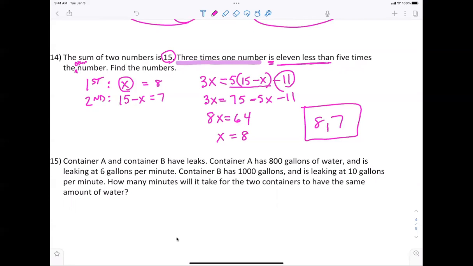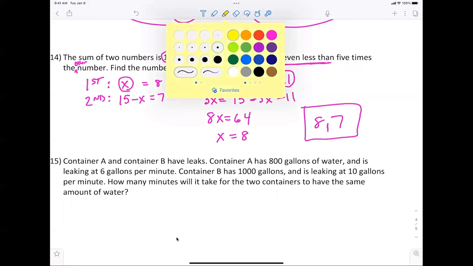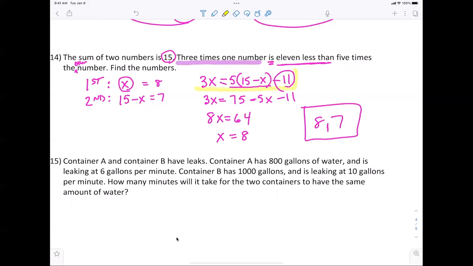So 3x equals 5x minus 11. Just look up on the board, Oliver. This is the translation of this sentence.